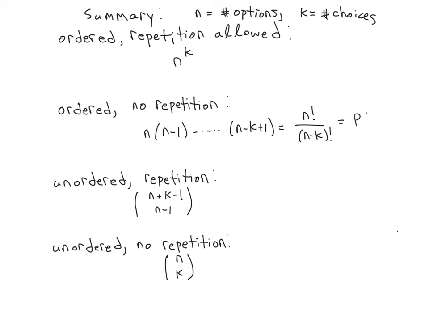It's worth pointing out the book sometimes uses this notation for it, and I think in class I used that notation for it. And today we discussed what happens when you're dealing with unordered repetition. So you're allowed to pick the same option multiple times, but you no longer care about the ordering. You just care about what you actually picked. So this pops up when you're ordering food at a restaurant.